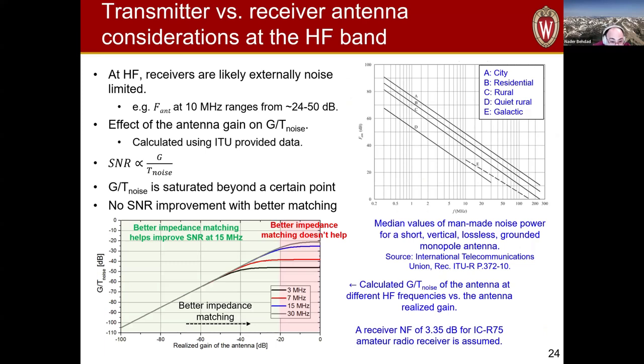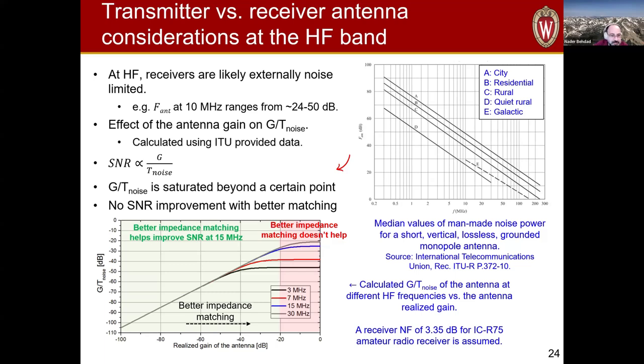And in this slide, I go back and very quickly revisit what we talked about a little bit earlier. I mentioned that HF is a very noisy environment, and if you're dealing with a receive-only situation, if you're not trying to transmit any power through your antenna, then you may not need to worry too much about impedance matching.